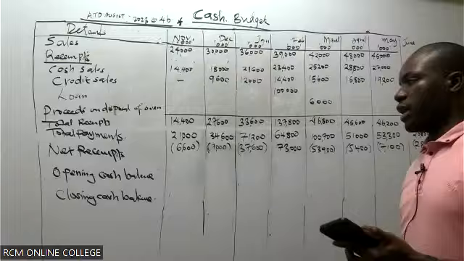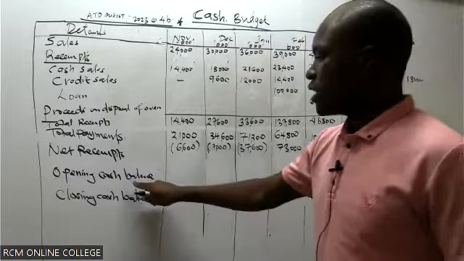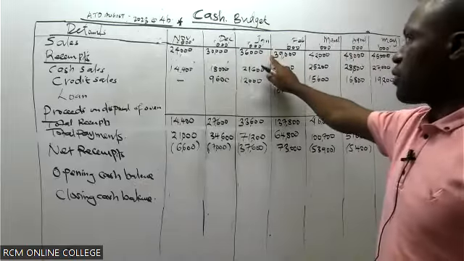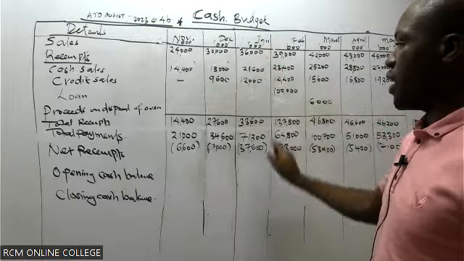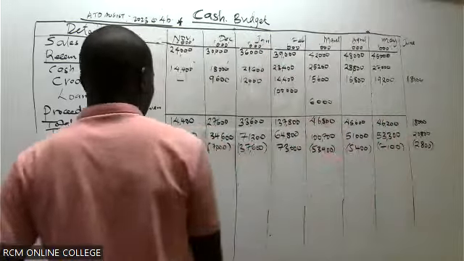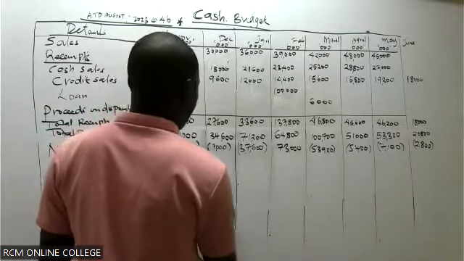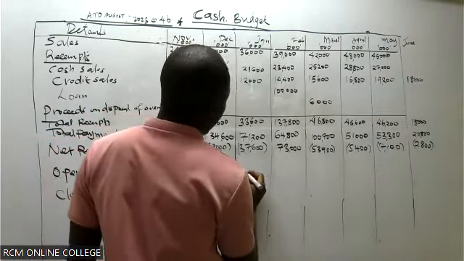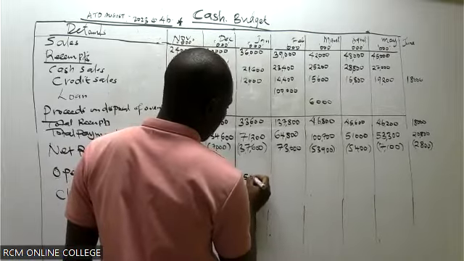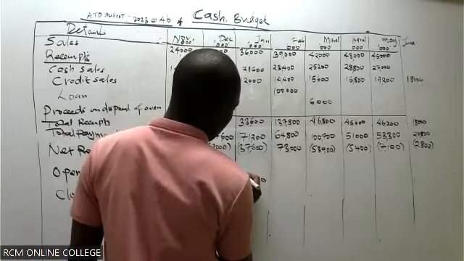So tuende hapo hivyo, tuangalie opening cash balance of January. Opening cash balance of January is 15 million.